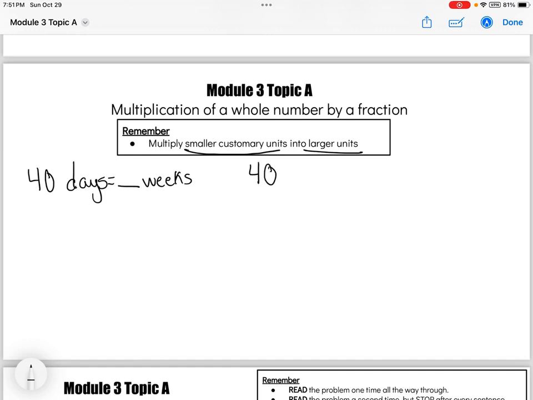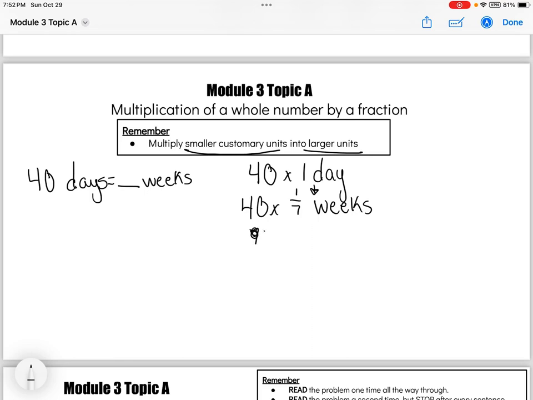So 40 times 1 day. Step 2, rename it. 40 times. Now I'm trying to convert this into weeks. You have to know that 1 day is 1/7 of a week because there are 7 days in a week. So again, that value has not changed. And then step 3, solve.